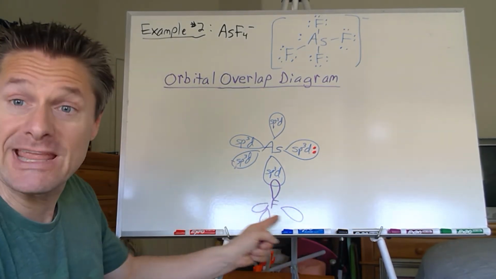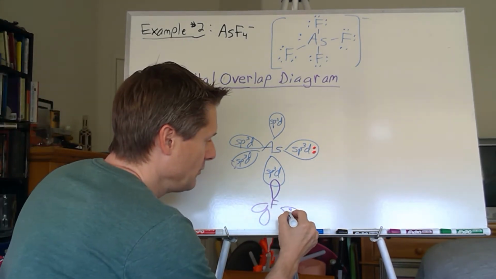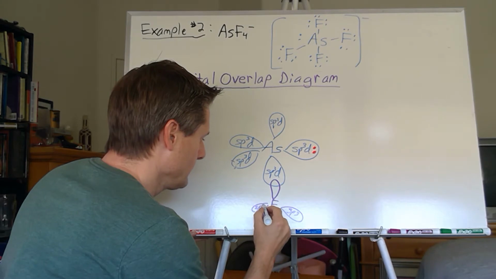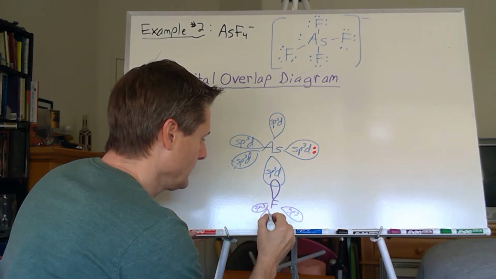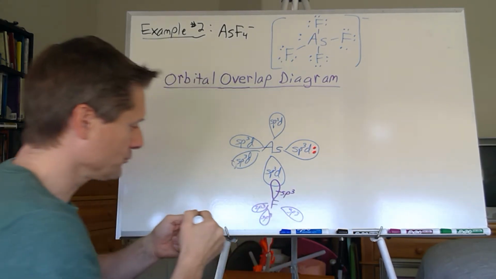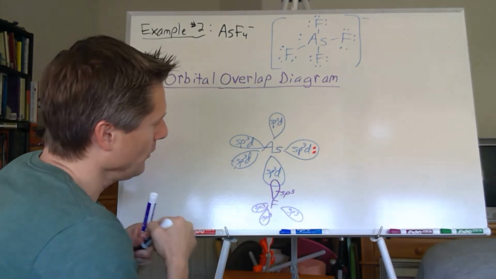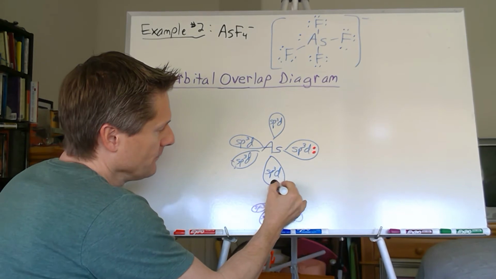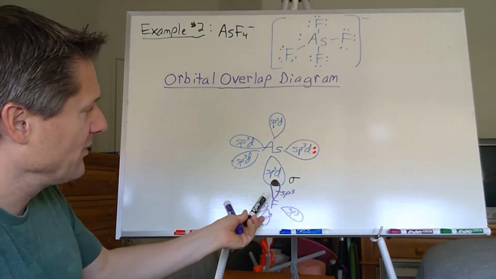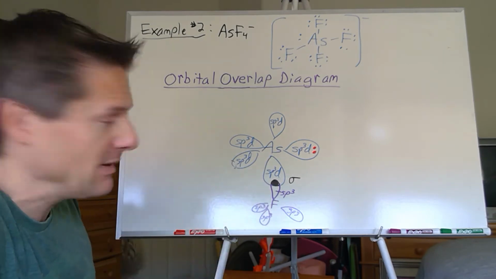Can you see the tetrahedron of the fluorine? So these would be sp3s. That'll be sp3, and this will be sp3. Let's draw the orbital overlap right there. So that would be the sigma bond right there. See that? That's the head-on overlap between the fluorine sp3 and the arsenic sp3d.